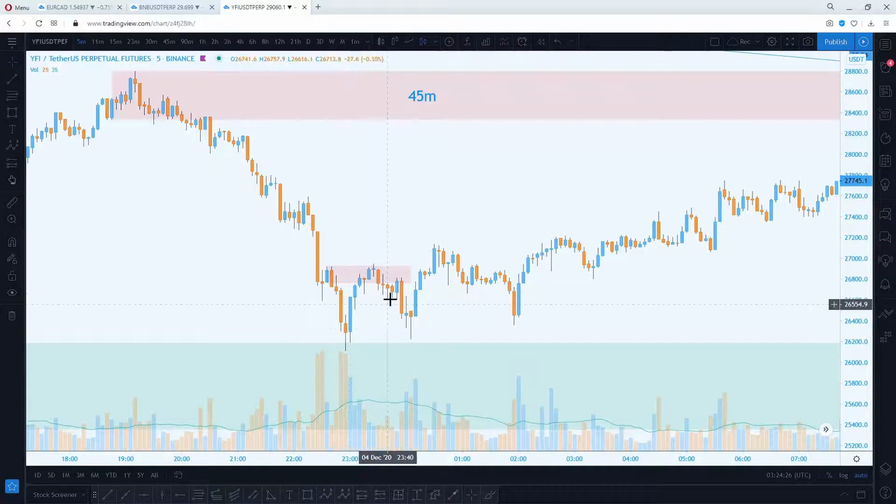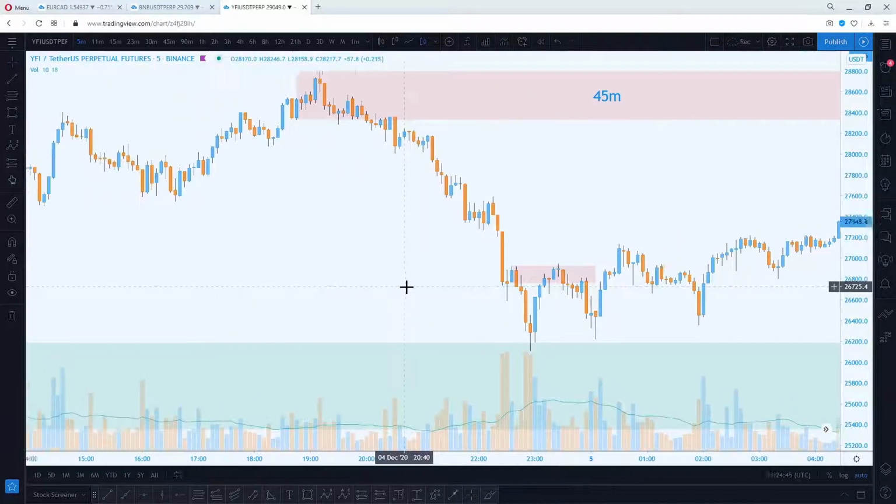Okay, so now we have three methods we can use to take this confirmation trade, right? Either a demand zone breaking a supply zone, or the break of a trend line, or the break of market structure on this particular low time frame.